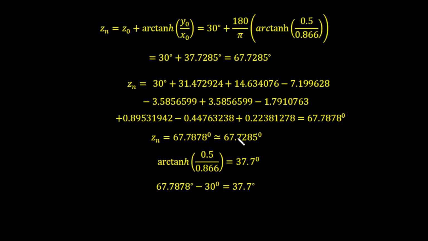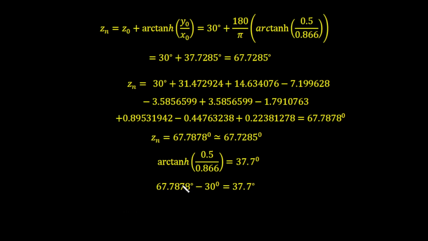67.7285. So we can see here that if we were to take off the initial angle of our 30 degrees, we're going to have the arctangent of 0.5 upon 0.866, which will give us 37.7 degrees. And our approximation is going to be 67.7 minus the 30, which will also give us 37.7 degrees.